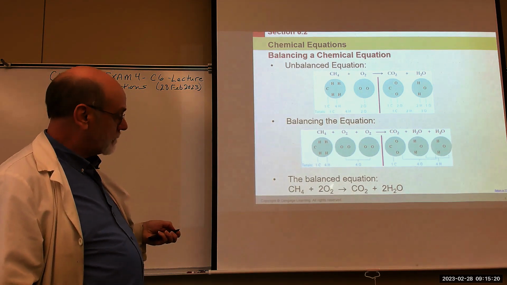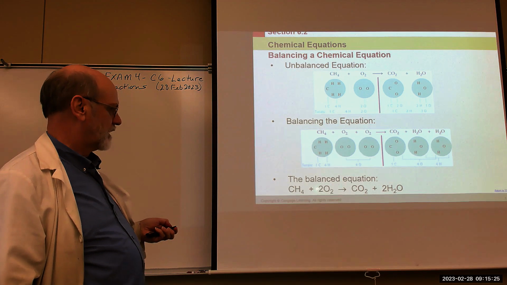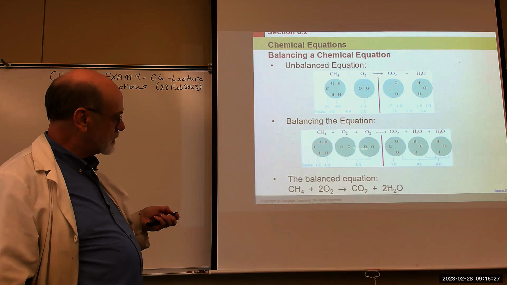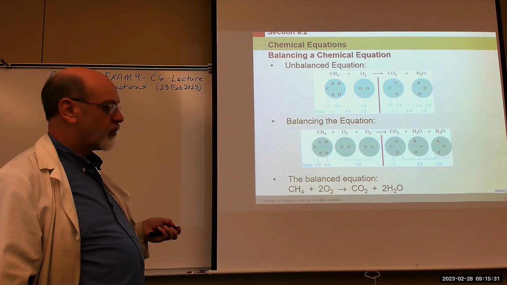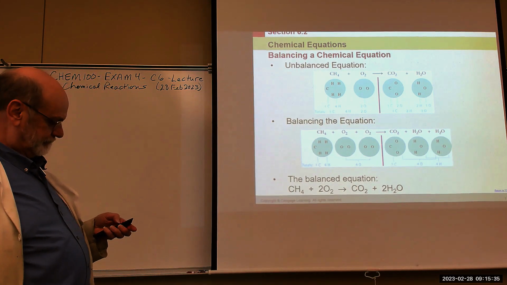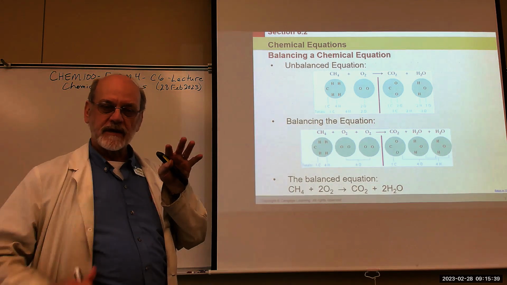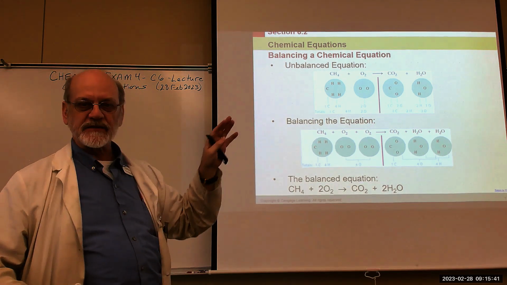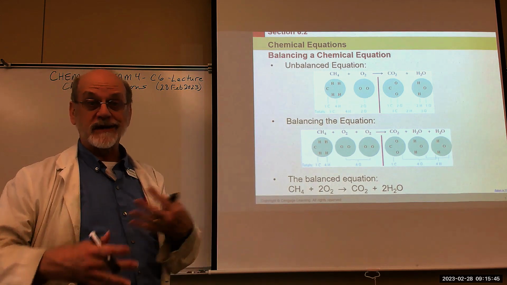You can say, okay, I need more of these, but I can't change that, so I'll have to put a 2 up here. So that's where this pair of oxygens is incorporated into the equation. And I'm going to introduce you to a method for doing this balancing that's not foolproof, but it makes the whole process a lot easier.